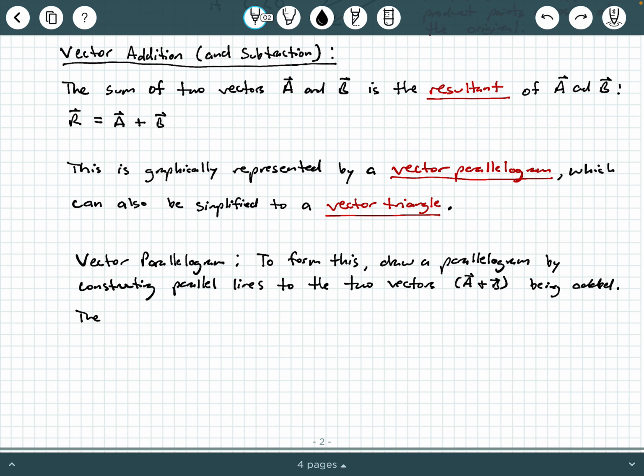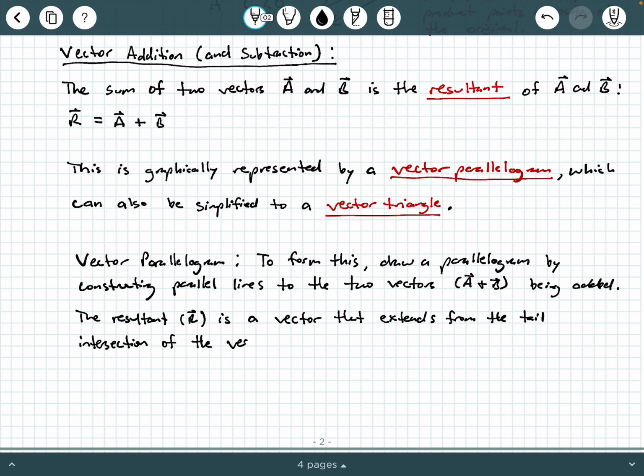The resultant, which remember we're calling R vector, is a vector that extends from the tail intersection of the vectors to the opposite vertex of the parallelogram. So you need to write all that down.